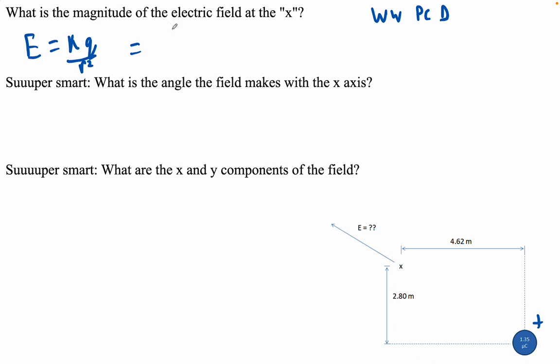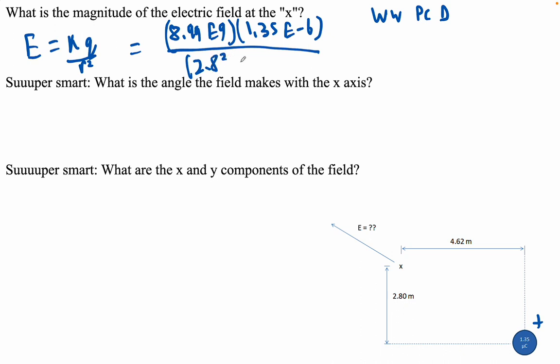So that's going to be, in this case, 8.99 E9 times 1.35 E minus 6, and then we're going to divide by 2.8 squared plus 4.62 squared, right?